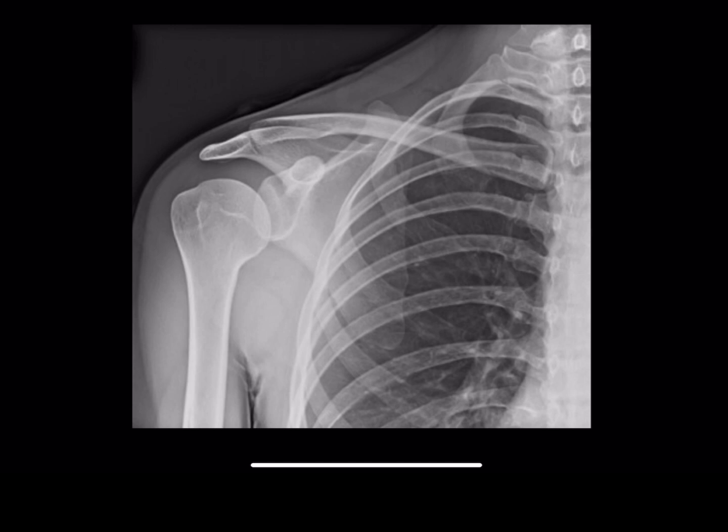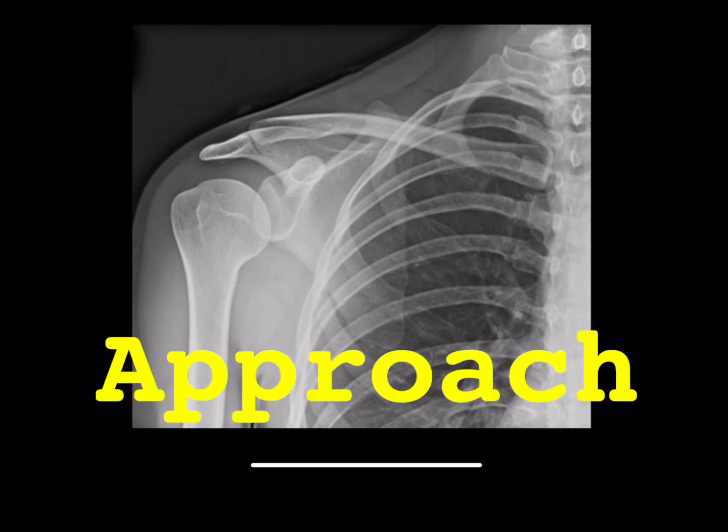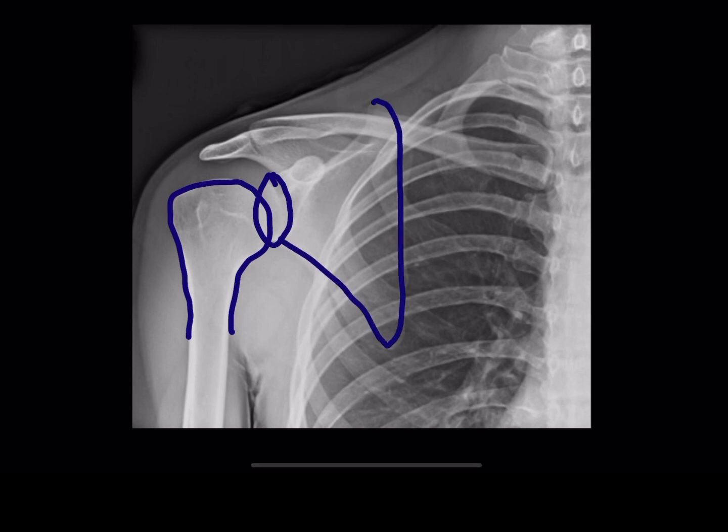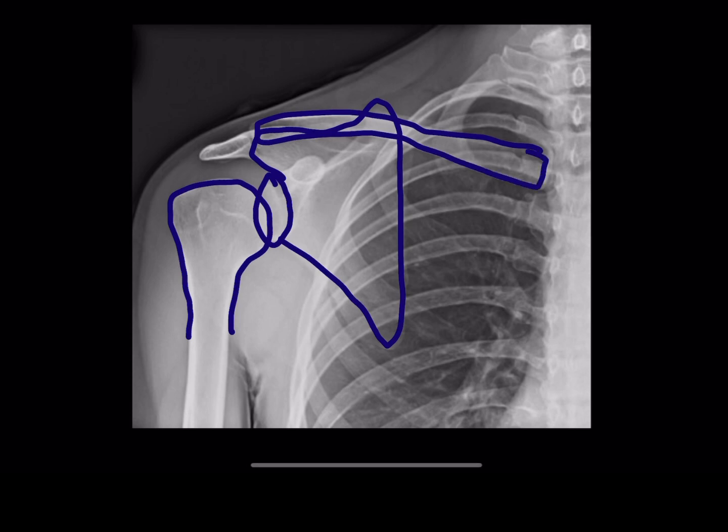Now we move on to how to interpret or read the shoulder radiograph. First of all, look at the outline of the bone cortex. It should be smooth. So outline the humeral head, the glenoid fossa, the body of the scapula, the clavicle, the acromion, and the coracoid process.